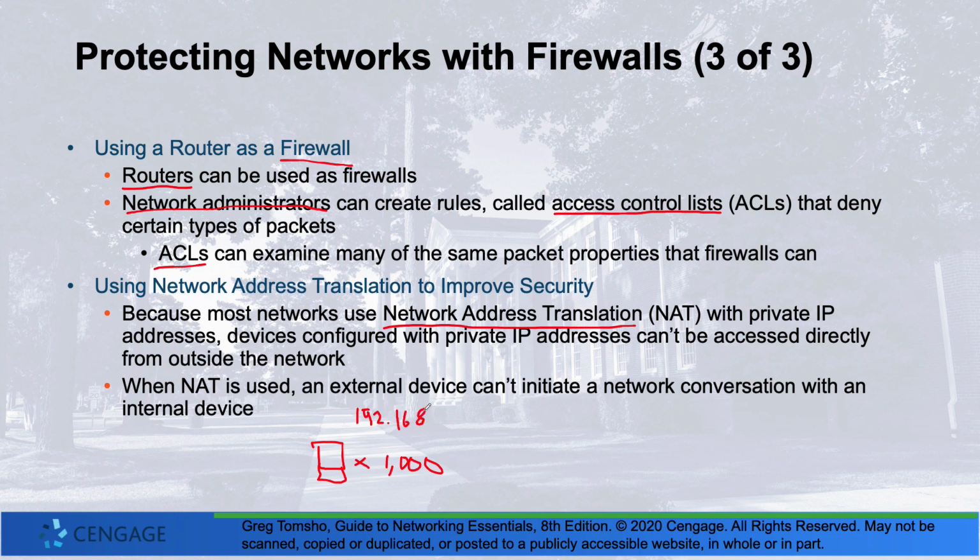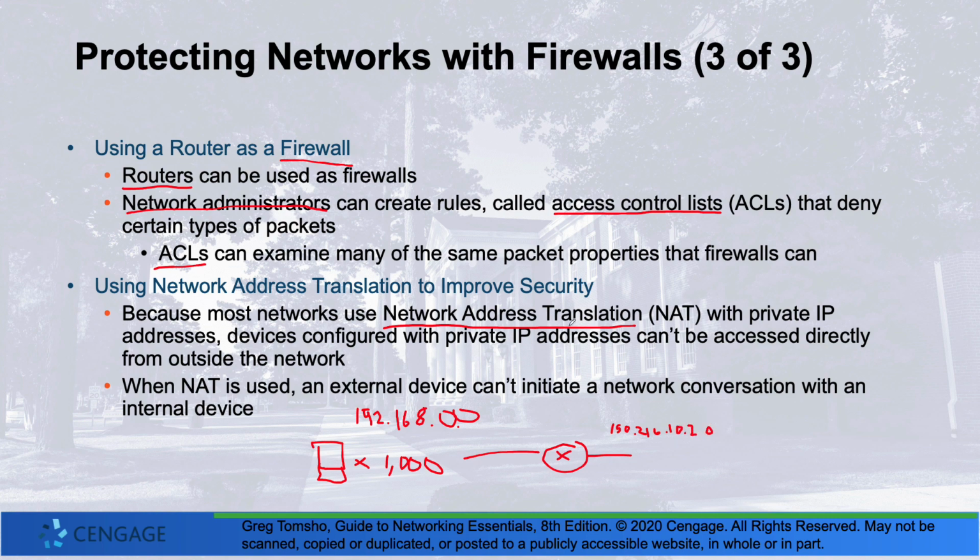I don't have to pay for those IP addresses because they're private. And then when it gets to the router, all of these 1,000 computers share an IP address on the outside. Okay? What that does is it hides who the person on the inside is. So it gives you some kind of privacy.